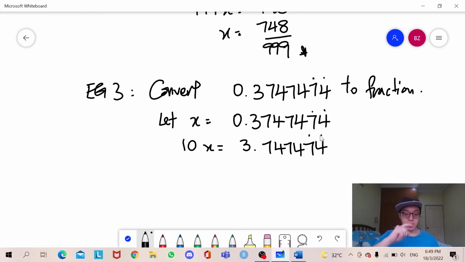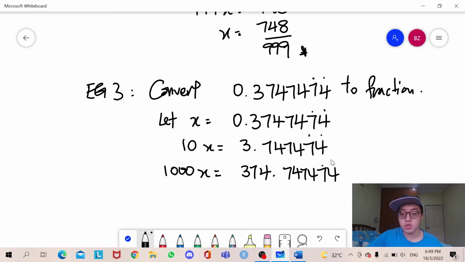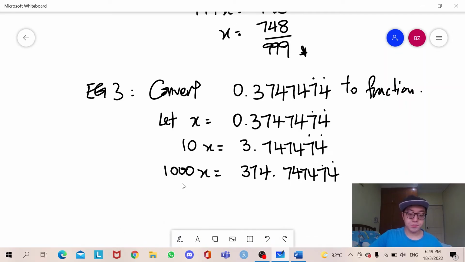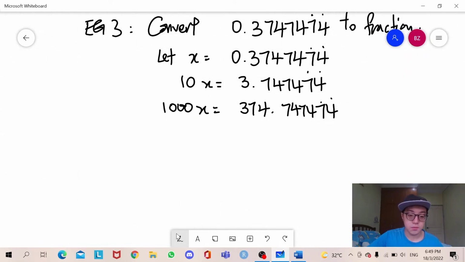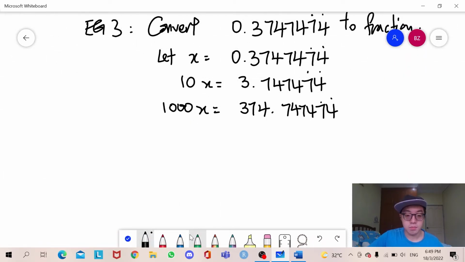So from here you cannot just subtract two of them because you can't get rid of the 74 recurring part. So from here you will need two more decimal places of multiplication, which gives you 1000x is equals to 374.747474, and it goes on. All right, so from here we can get rid of the 7474 part because you see both of them are the same.